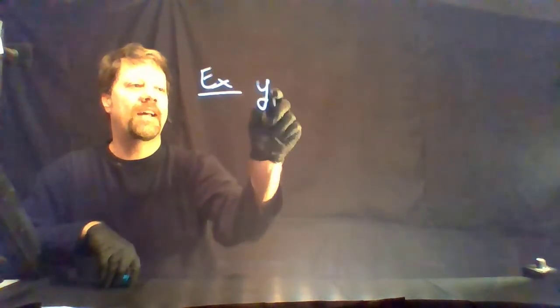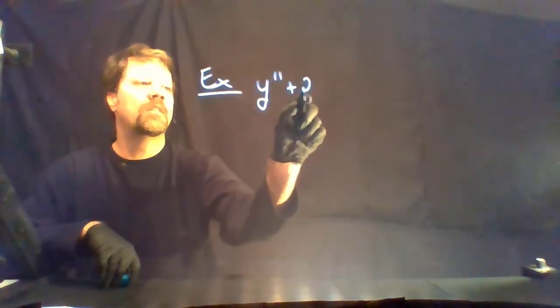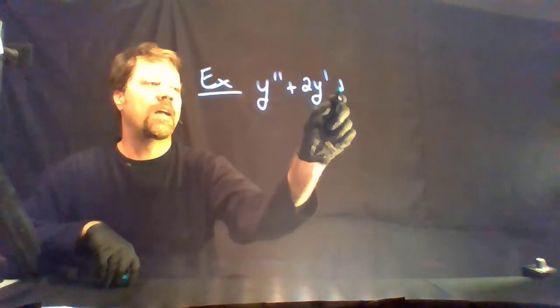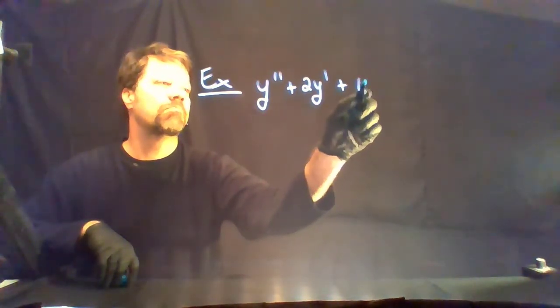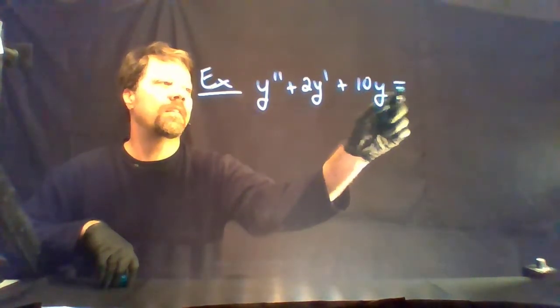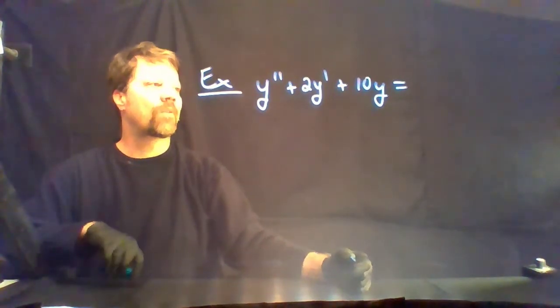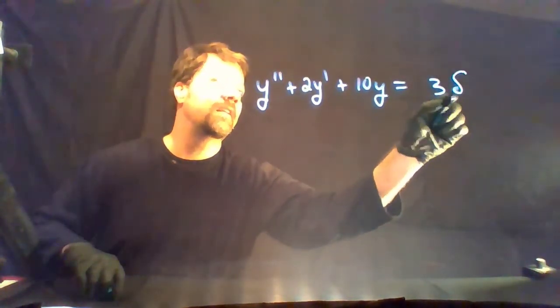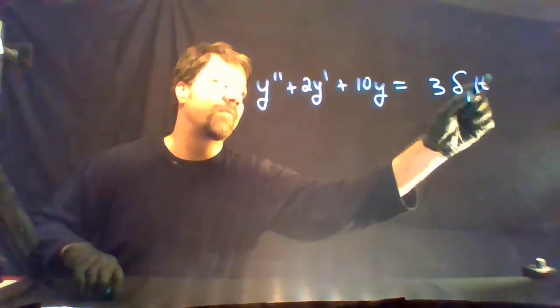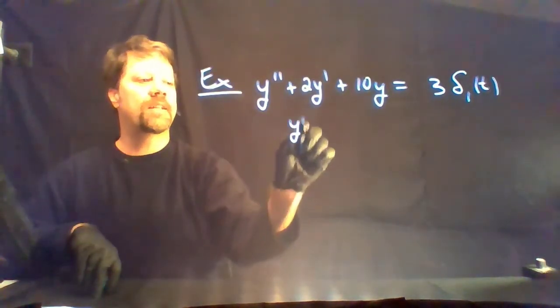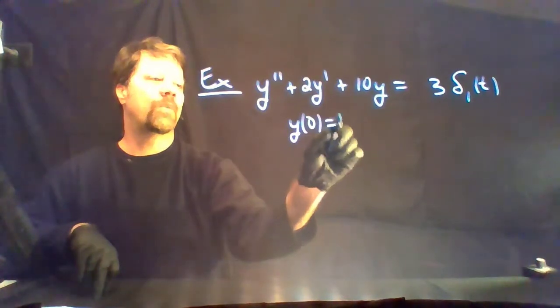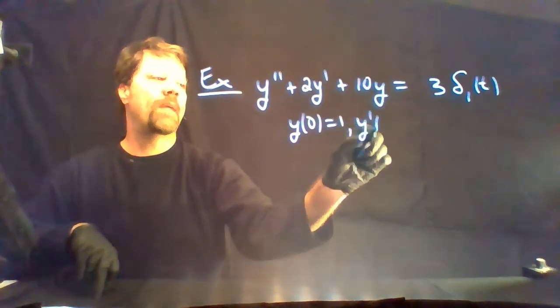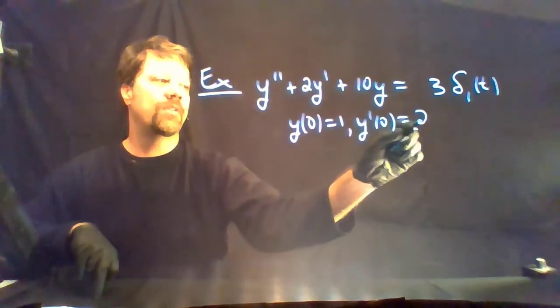Let's suppose that we have y double prime plus 2y prime plus 10y equals, on the right-hand side, 3 delta 1 of t. Let's suppose that y of 0 is 1 and y prime of 0 is 2.